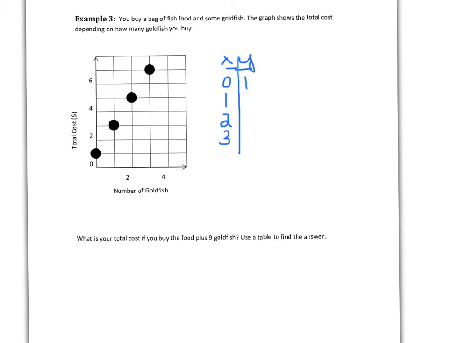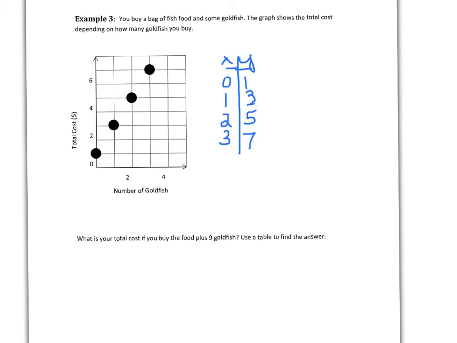And if I look back at the chart, 0 paired up with 1, 1 paired up with 3, 2 paired up with 5, and 3 paired up with 7.